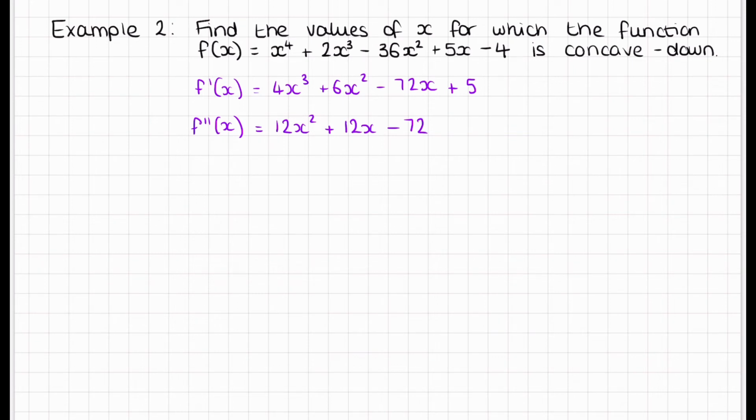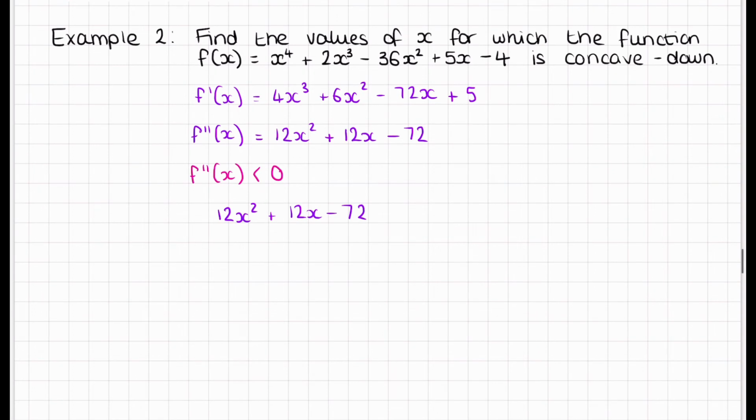Now for here, if it's concave down, we want when the second derivative is less than 0. So what we're going to do now is solve that. We have 12x squared plus 12x minus 72, and we want to know when that is less than 0. You'll see it's a quadratic. First thing, I'm just going to divide everything by 12 to make it a bit simpler.